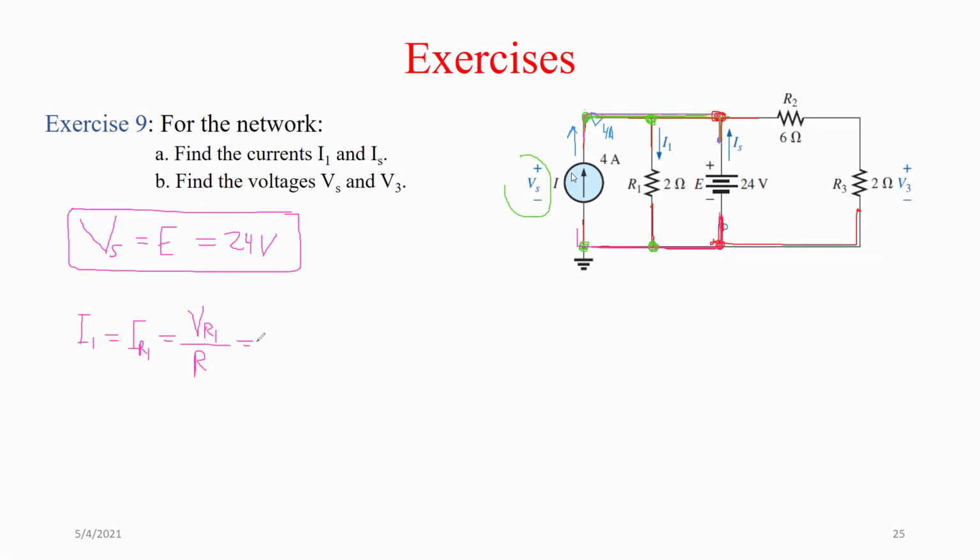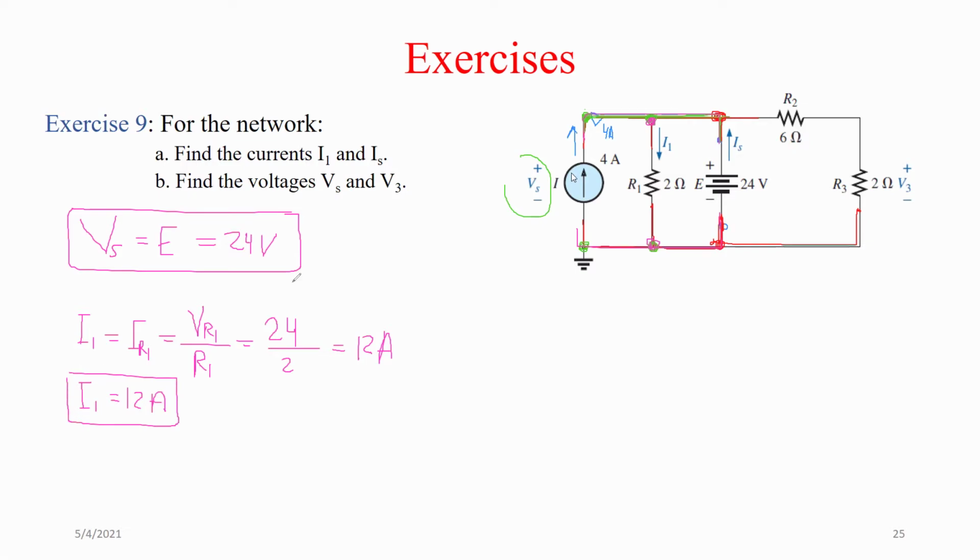The voltage across this resistor, between these two points, the ends of the resistor, is the same as the battery, 24. So it's 24 divided by R1, which is 2. So this is 12 ampere. And this is the second guy. I1 equals 12 ampere.